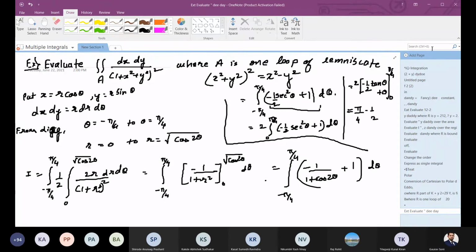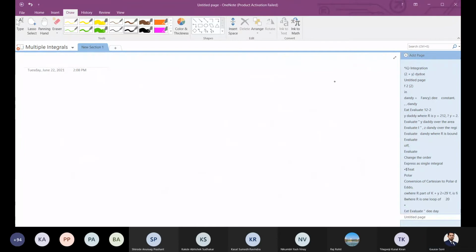Okay, I'll go to the next example. Evaluate the double integral over R. Sir, what was the answer of the previous question?